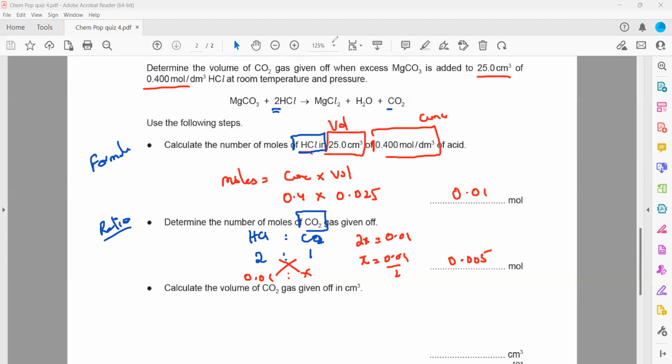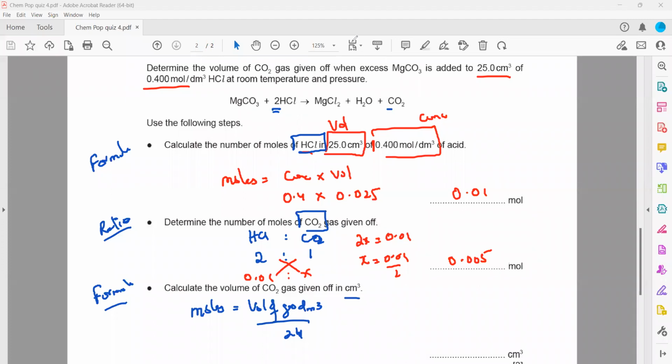The third part, we need the volume of carbon dioxide, but that is in cm cube. So we'll again use a formula. Because carbon dioxide is a gas, what is the formula for gas? Moles equals volume of the gas in decimeter cube divided by 24.